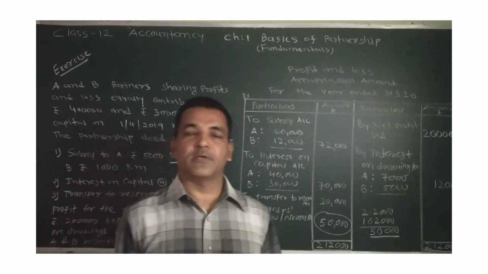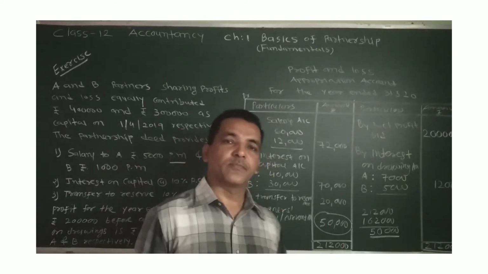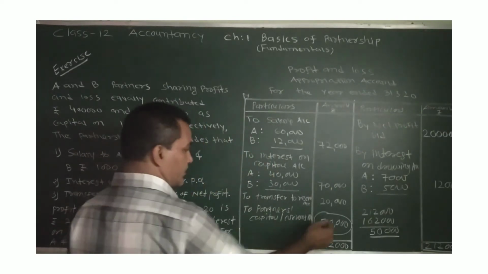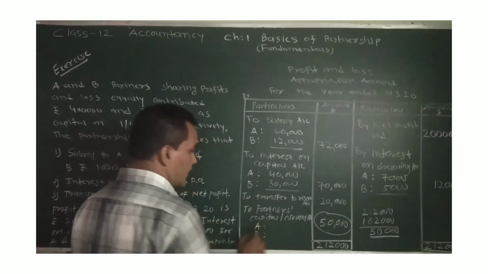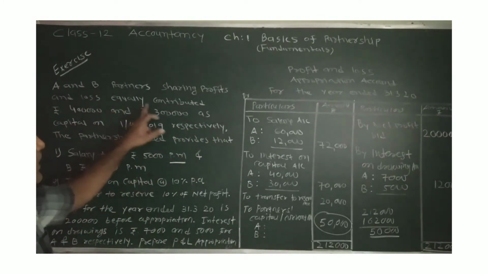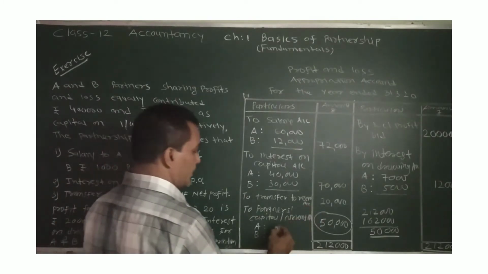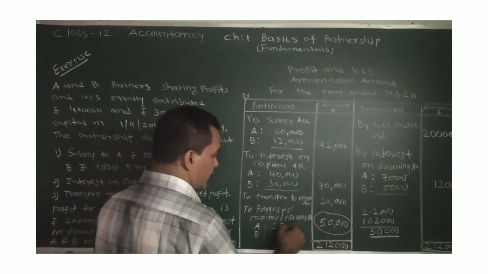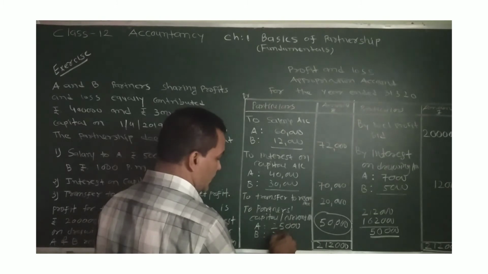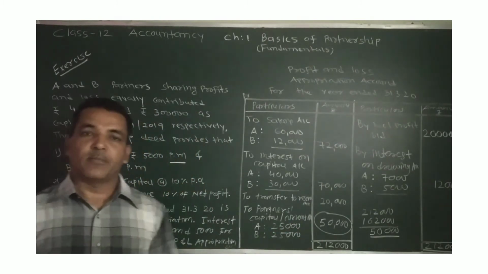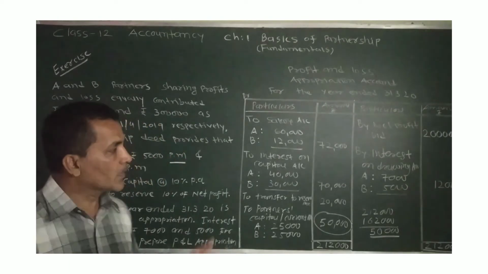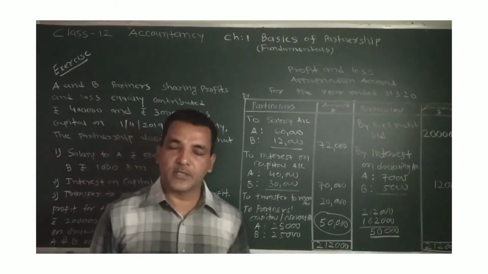If fluctuating is given, you can write two partners' capital account. Now this 50,000 will be distributed between A and B in equal ratio, equally. So 50,000 is divided equally, both the partners will get 25,000, 25,000. So this is all about appropriation account. You can see it is a very easy concept.